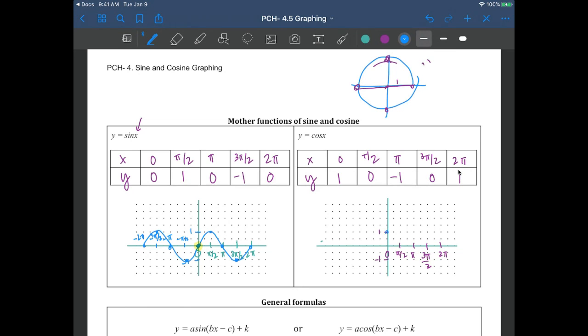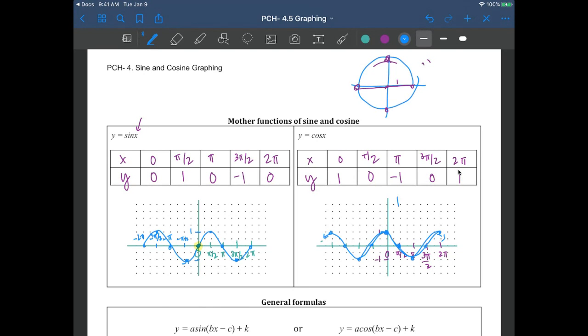We start at the furthest point from center, then the midline, then the low point, the midline, and the high point. We can extend it going backwards, where we go midline, low point, midline, high point. And this graph continues on forever.